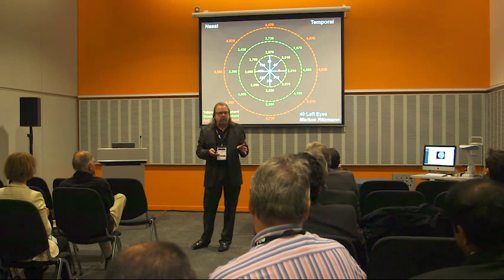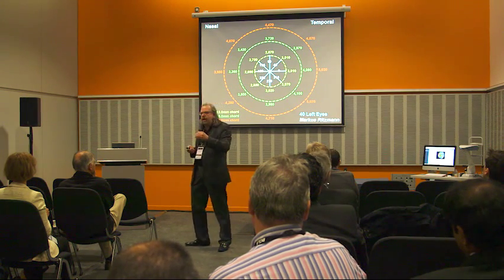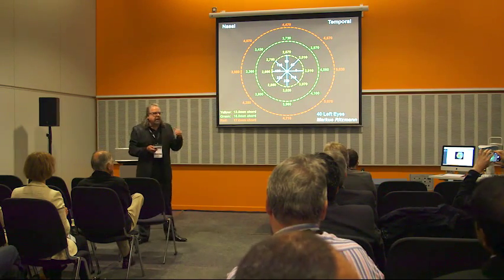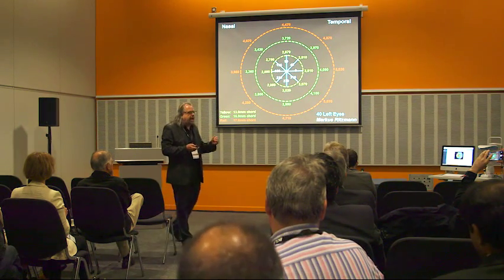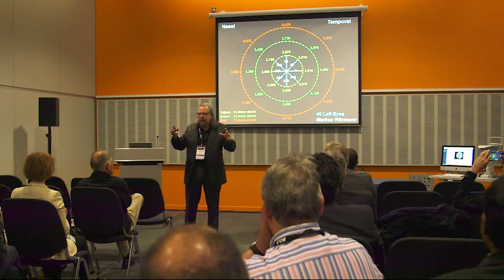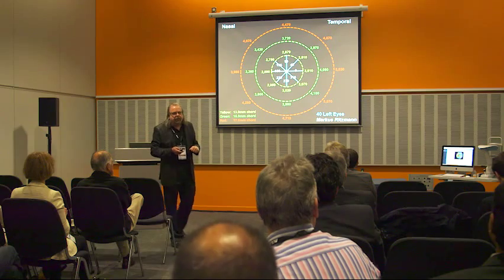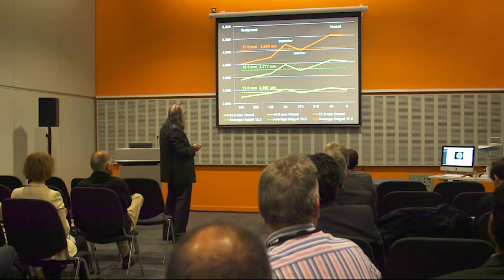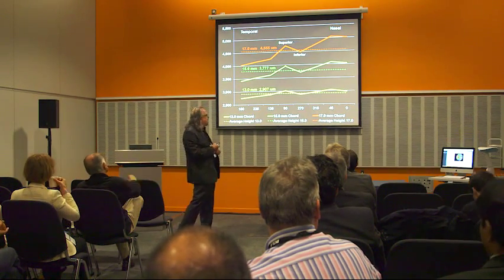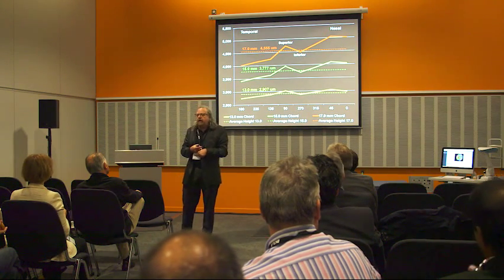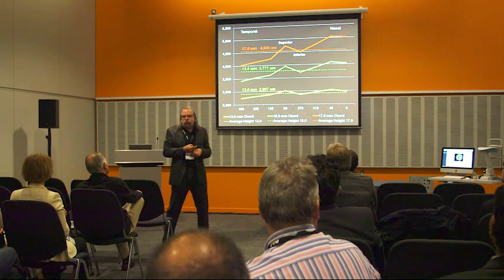What is important is the fact that he identified that the nasal and temporal sides of the sclera along the horizontal meridian were very asymmetric. And we can see it here in this diagram. What we see is a top line in red.